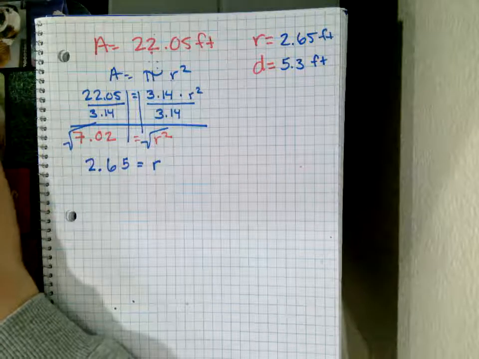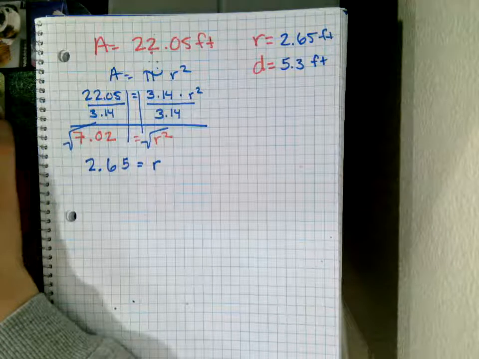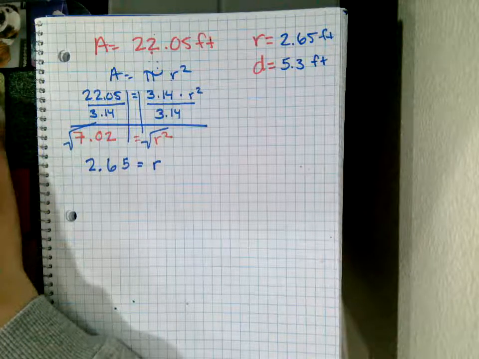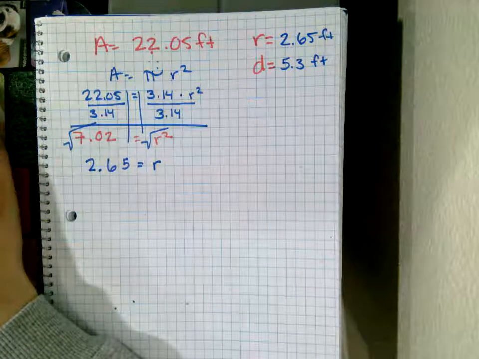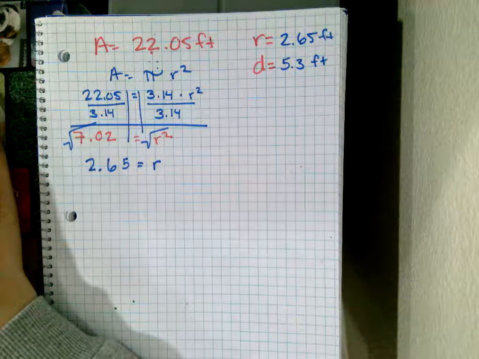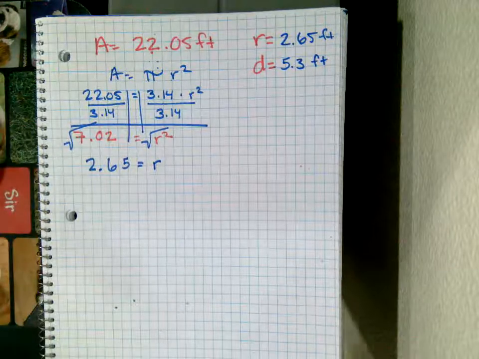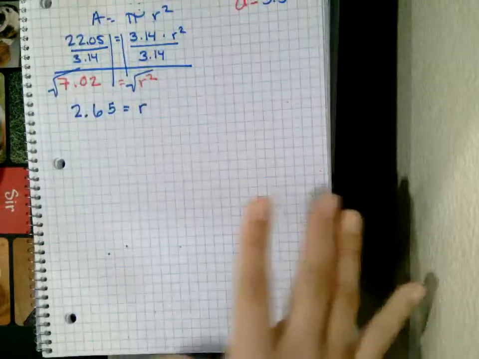The last thing I'm going to show you today are called compound shapes. Find the area of the shaded region. They love giving you these problems because it's testing you on more than one shape. Like, do you remember how to find the area of a triangle? Do you?